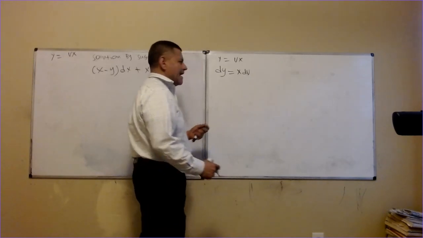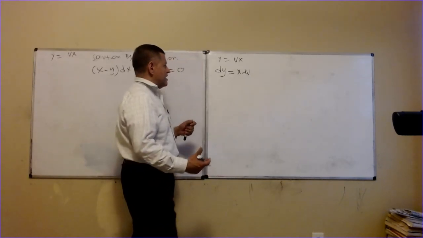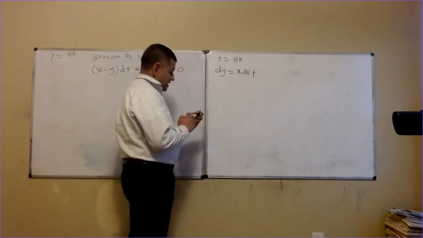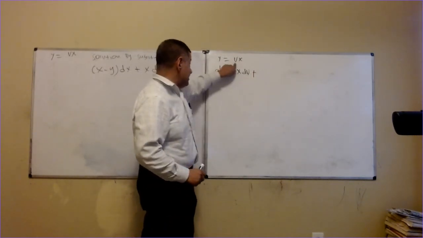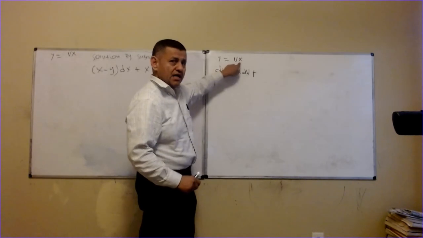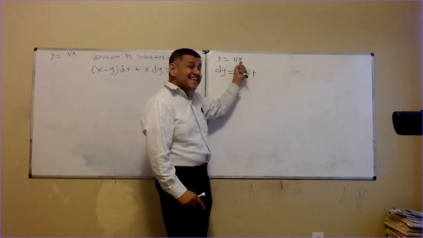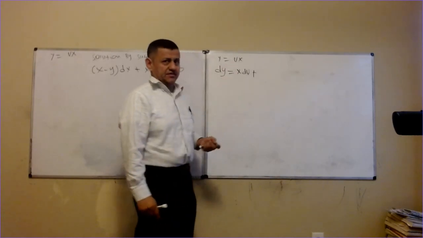Now I have to use the product rule. The product rule tells me the derivative of the first times the second plus the derivative of the second times the first.